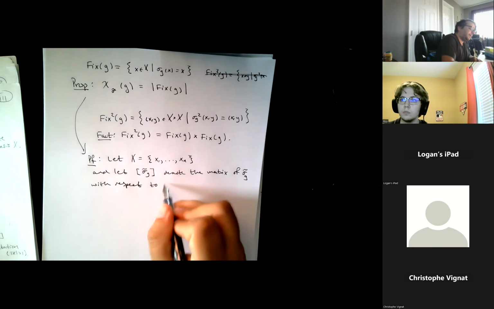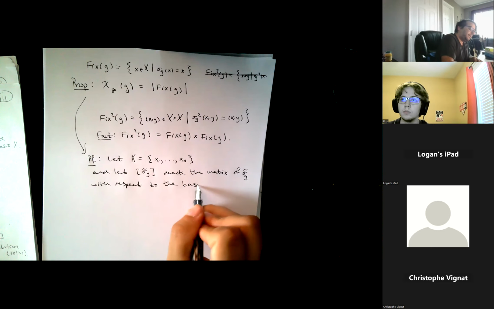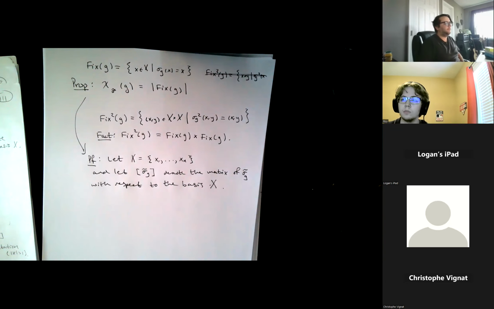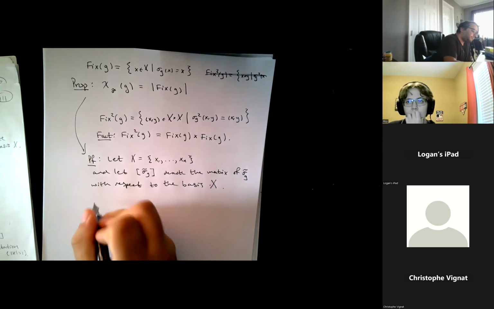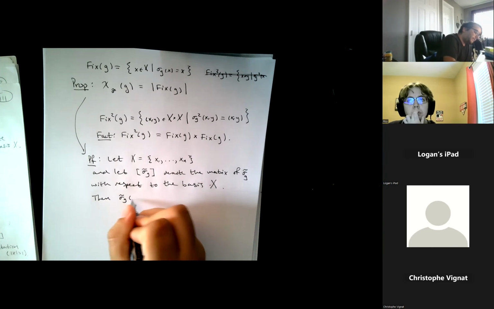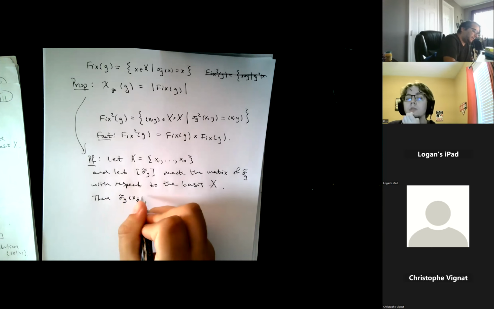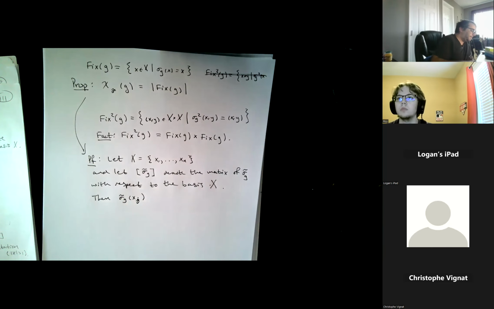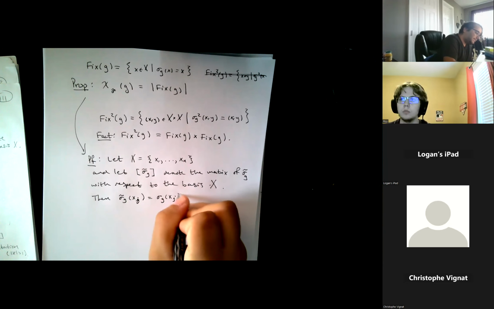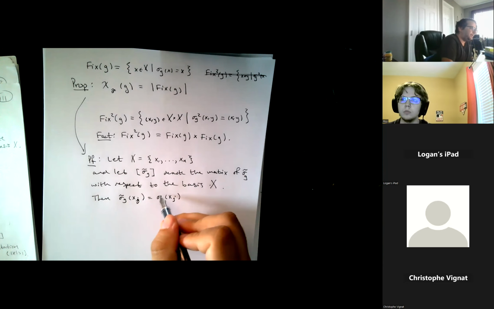I have to specify the basis. The basis I'm going to choose is the obvious one, X. Then sigma g tilde of a basis element, let's use j, is equal to sigma g of xj. So notice, no tilde here.